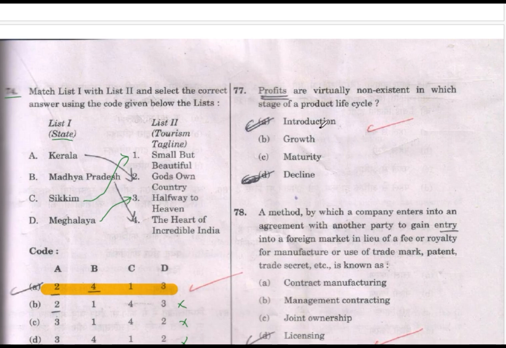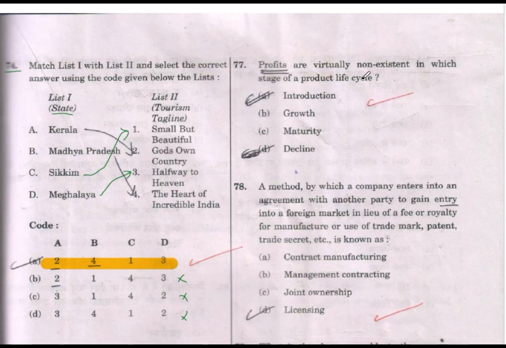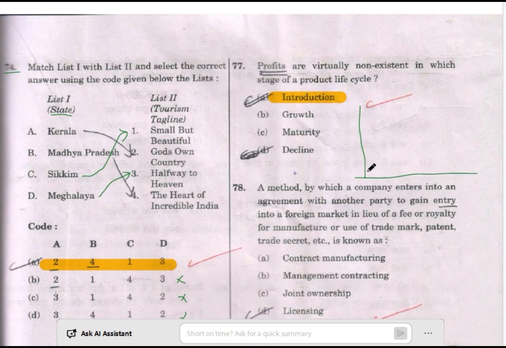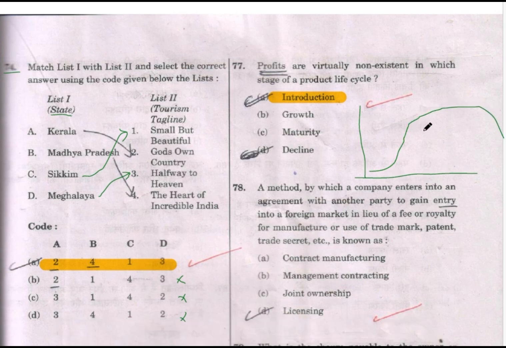Now next question, profits are virtually non-existent in which stage of the product cycle? It is non-existent in introduction, okay. Now let us see what a product cycle is. Let us draw the cycle. Now this is a product cycle, okay.